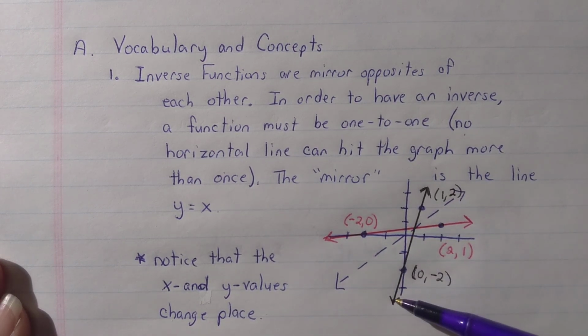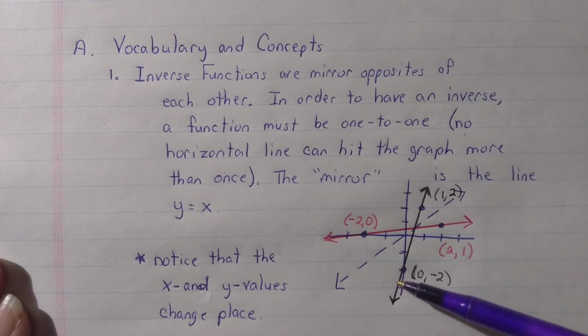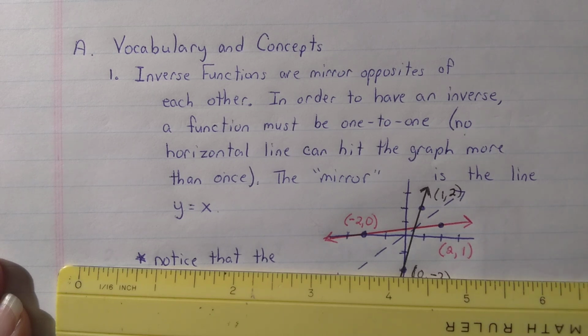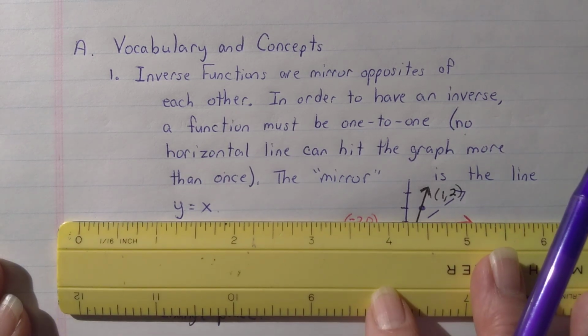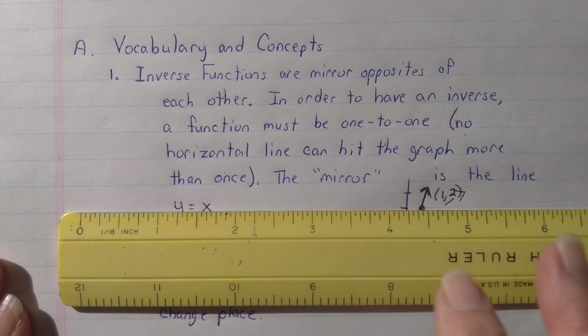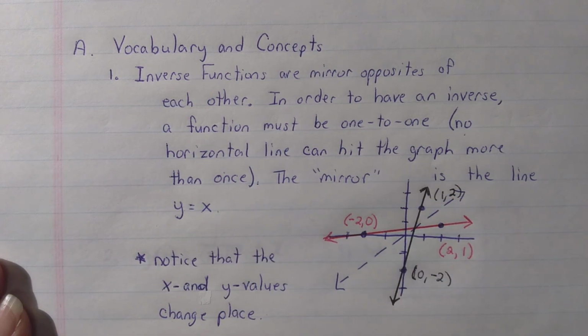So you'll notice the black line, using my ruler, just look at the black line, only the black line. My ruler hits it once, and never hits it twice, which means the black line is a 1 to 1 function. That means it does have an inverse.